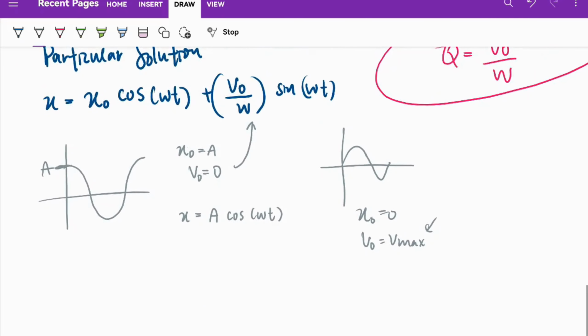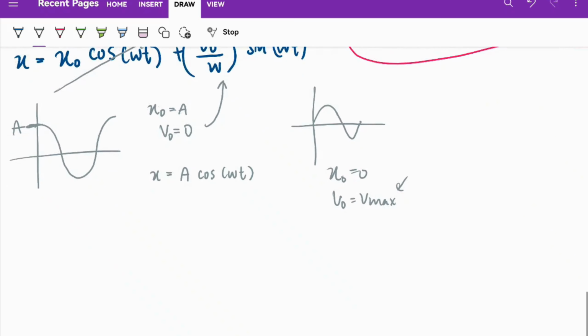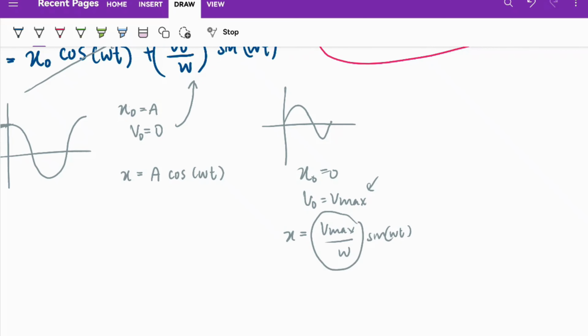This whole thing will be 0 because x naught is 0. So you will get x equals v max over omega sine omega t. If in the situation they give you a value for maximum velocity and the omega, after you calculate, you will actually get your amplitude value.